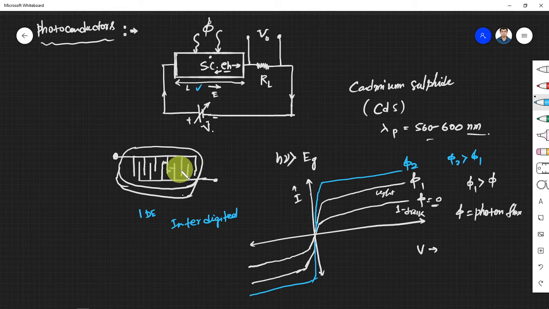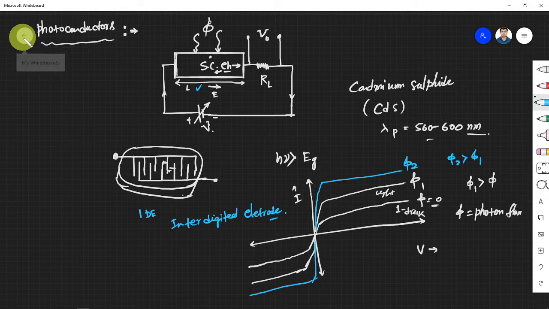So we are improving the device performance by going to IDE: one is high electric field, and also lower transit time. Fine, sir. Thank you, sir. It's called interdigitated electrode. We use it, and even interdigitated capacitors are used to increase the surface area of the capacitor.